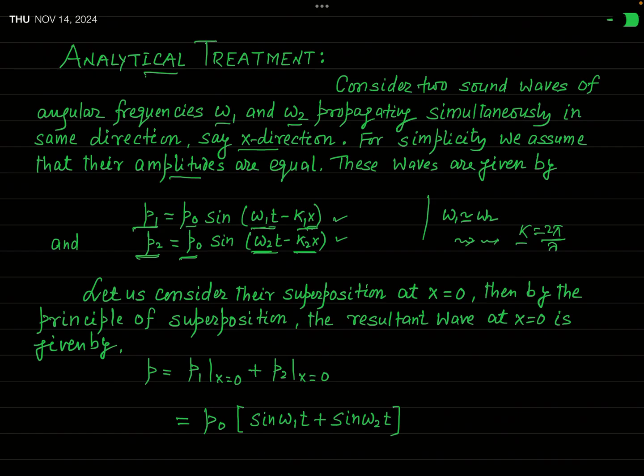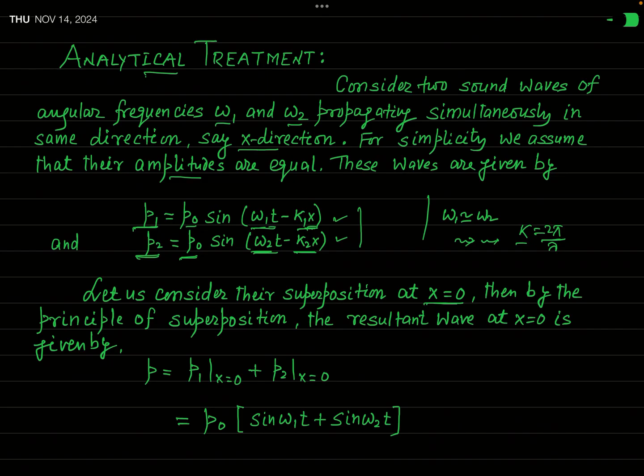If you take x equal to 0, your equation will become simplest. You can take any other constant value of x, but when we consider x equal to 0, our calculation will be easiest. Therefore, now I am considering the superposition of these two sound waves at the particular position x equal to 0.